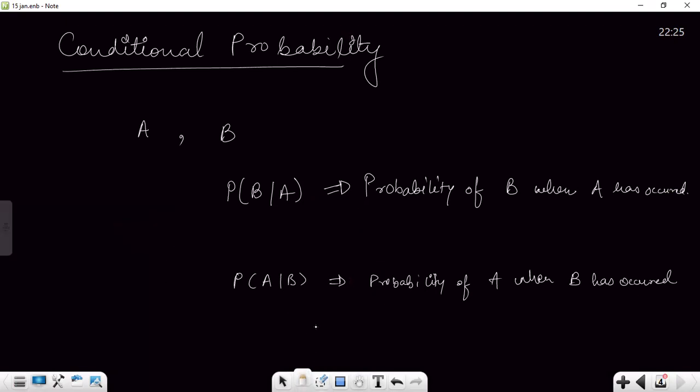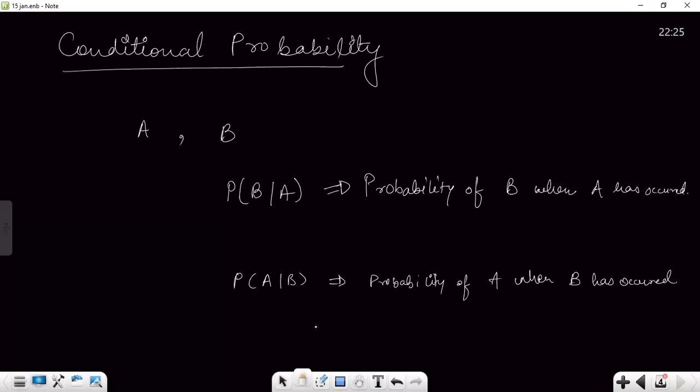So here, mostly A and B events are dependent on each other. If they are dependent, then the probability of one event depends on the occurrence of the other event, right? So that is what the topic is about.